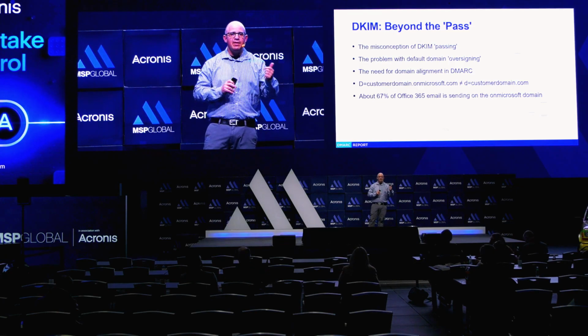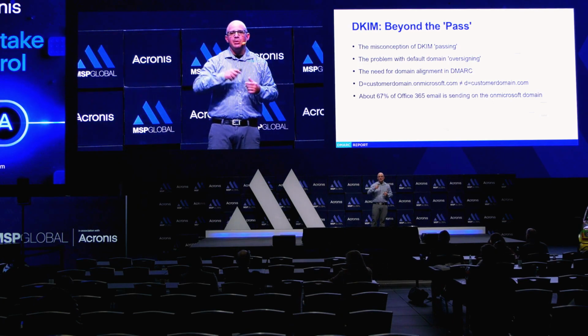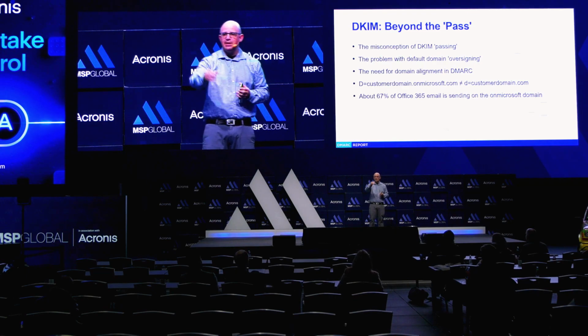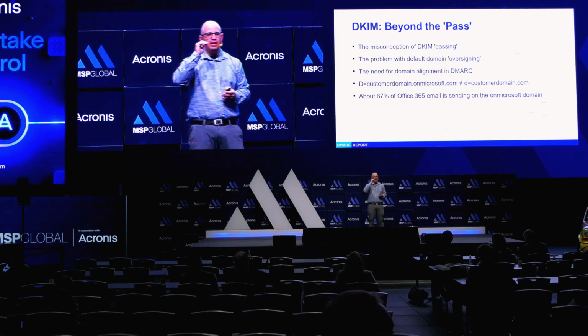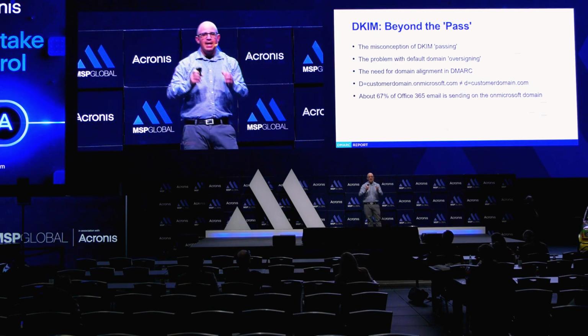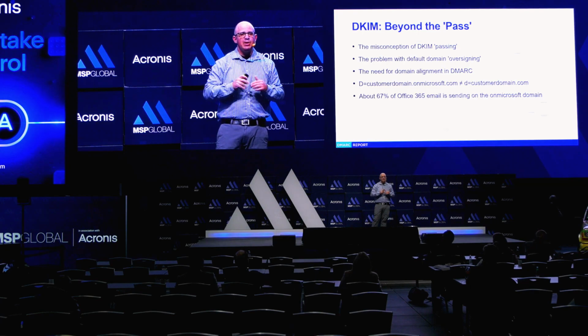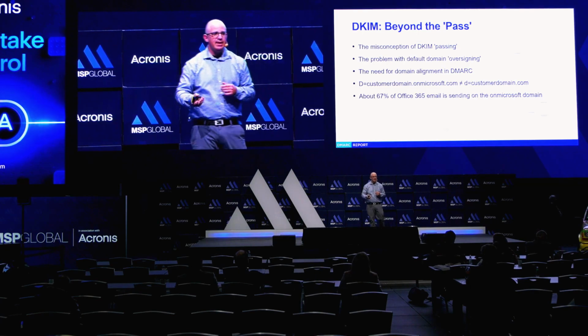DKIM is something that most of you are going to be implementing for your customers. And one of the things we want to make you aware of is that it's important to get past the pass. So you'll send an email to a testing tool and it'll tell you your SPF record looks great and your DKIM looks fantastic. But more than likely, DKIM passing is not what you really want. It's because of something called domain oversigning.